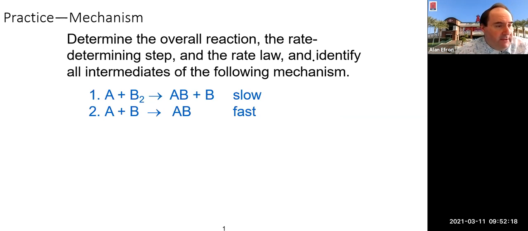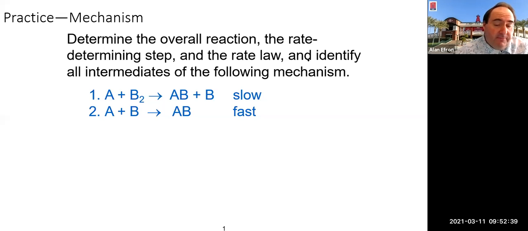When you find the rate determining step, it should have a rate law that matches perfectly to the one that was observed. And then it would be a good mechanism. So if either of those two things really don't work, then it's not a good mechanism.